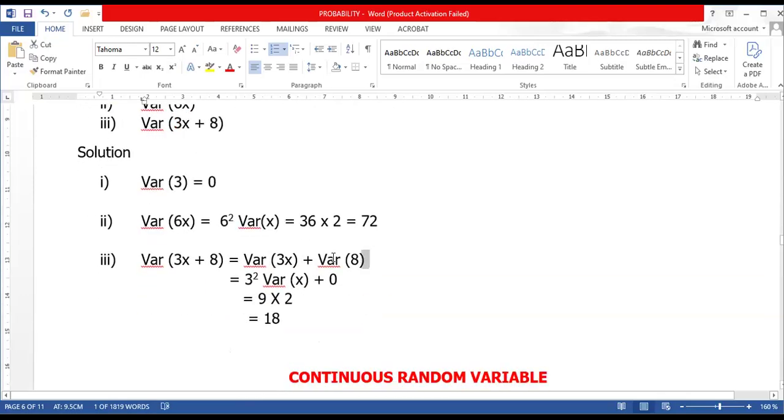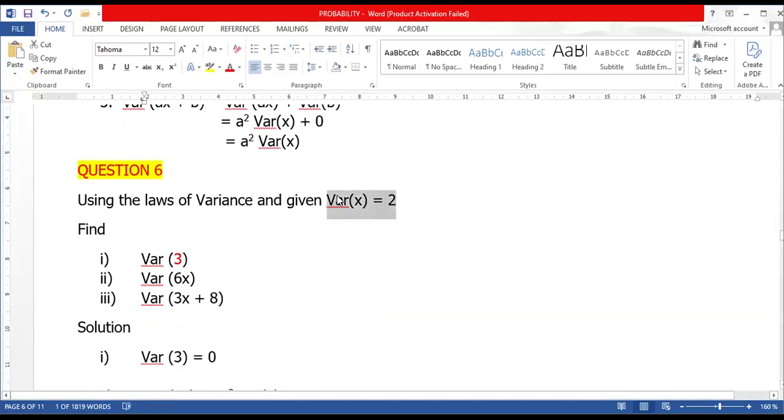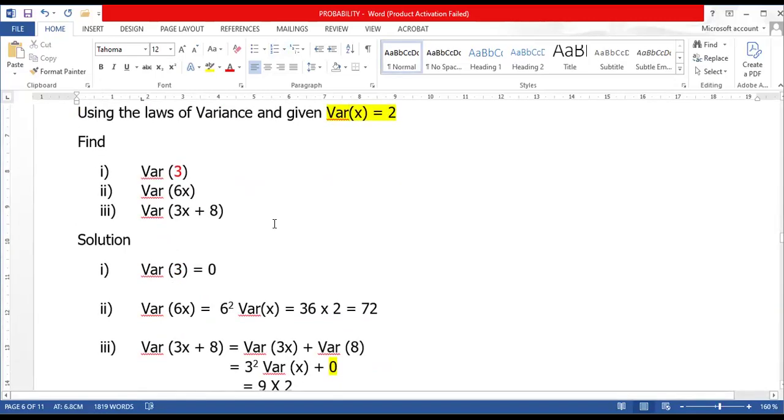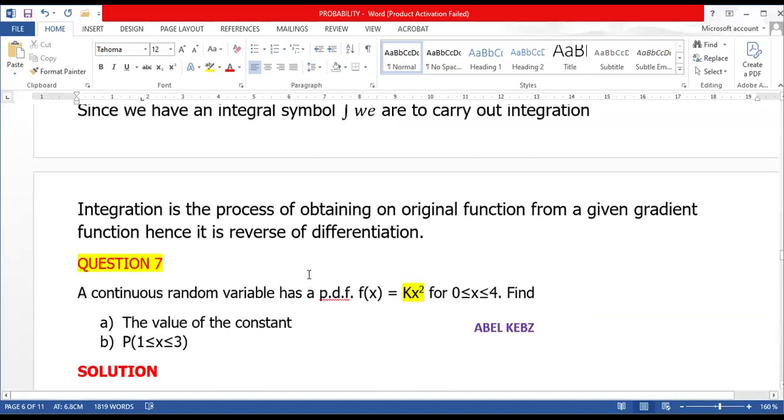But 8 is a constant, and the variance of a constant is 0. Then here I put 3 outside, but I square it, then times the variance of x. In the question, we are given the variance of x. Any question?